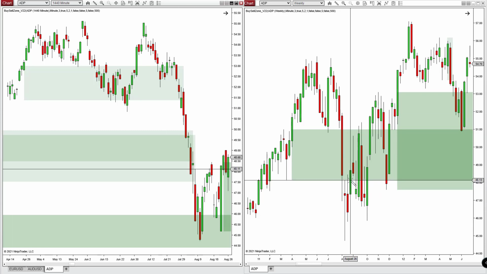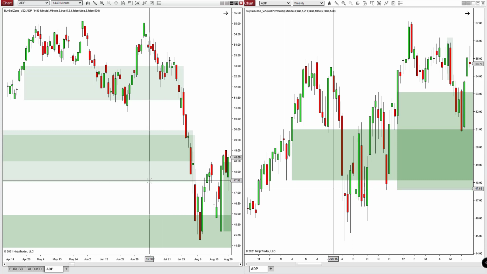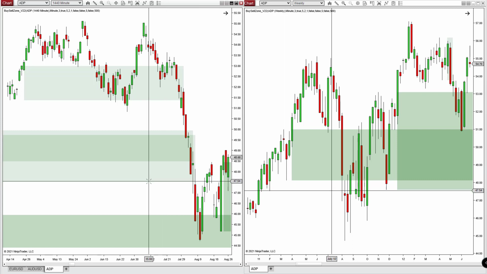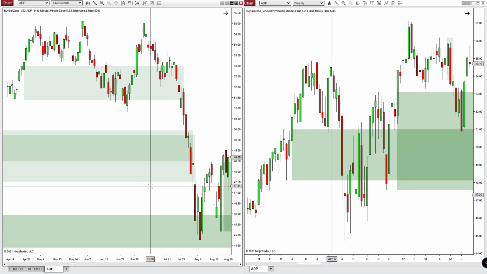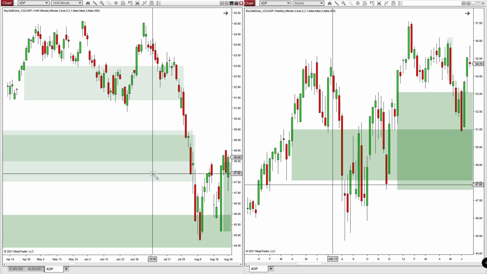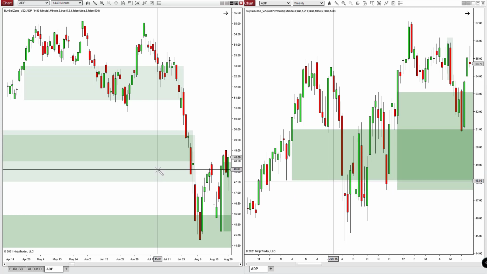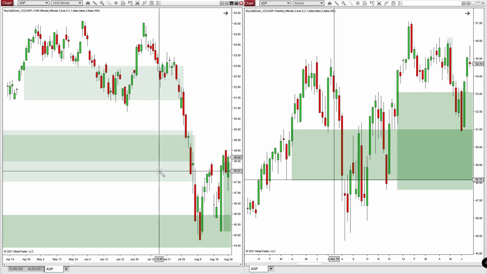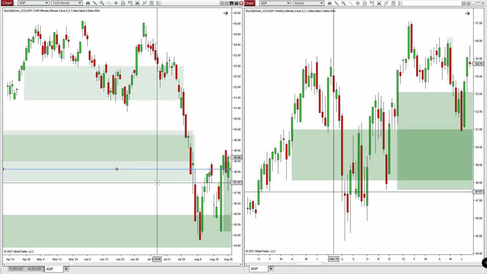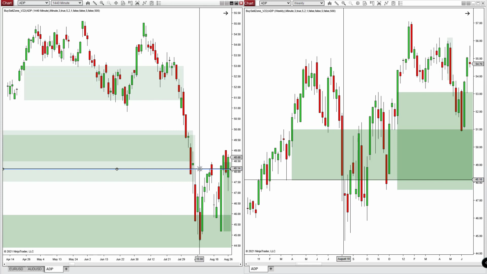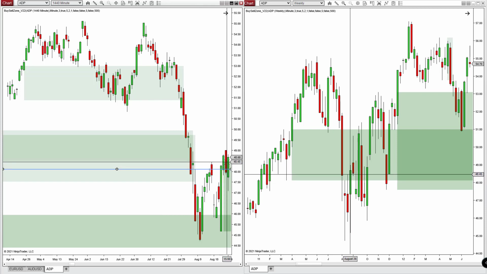We have a zone that actually, here, let's draw our zone low on this daily. So if we line up our crosshairs, we can see our zone low is about right there, right? So this is the low of our high time frame zone. Here is the high of this zone.